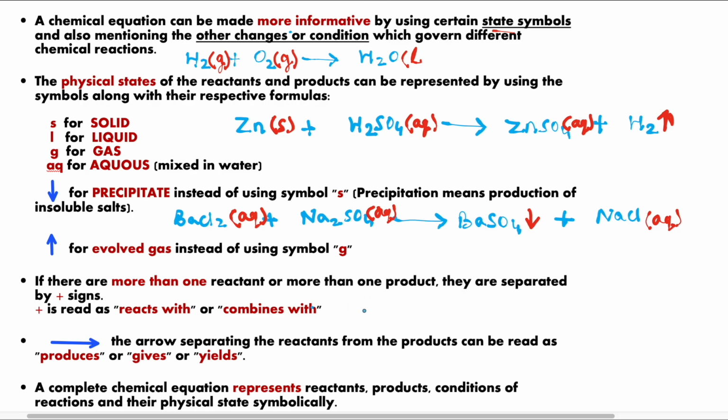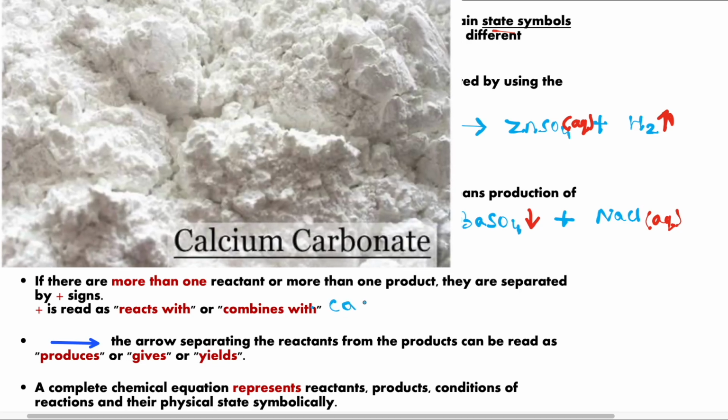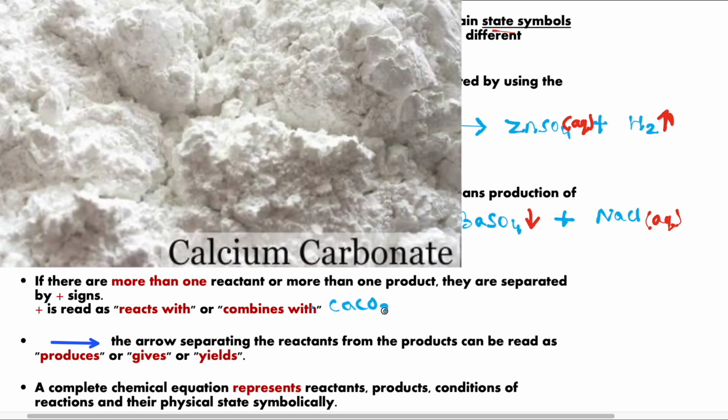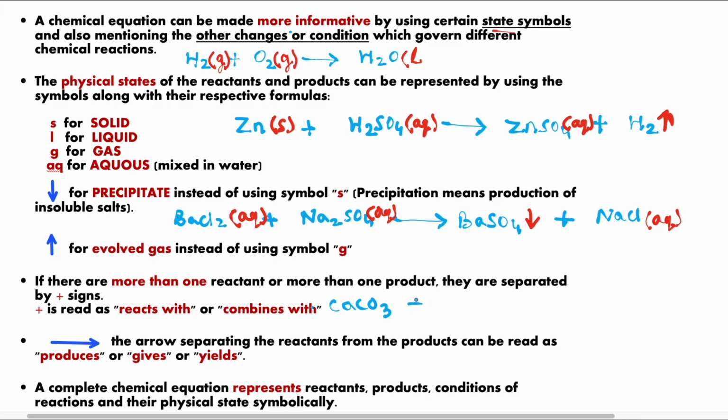Now let us see one more example where calcium carbonate, CaCO3, combines with carbon dioxide gas and water, H2O, and gives calcium hydrogen carbonate.